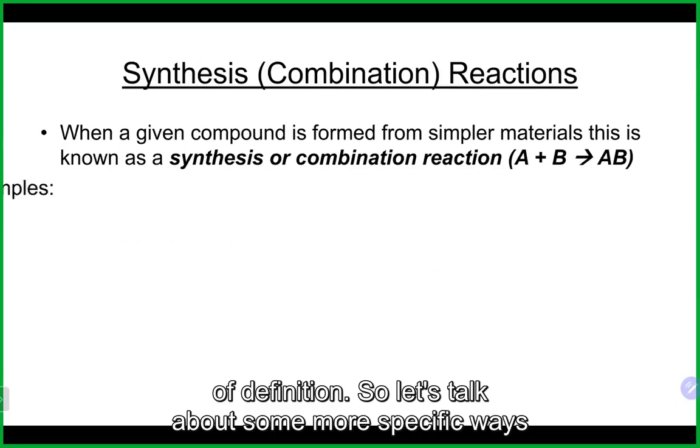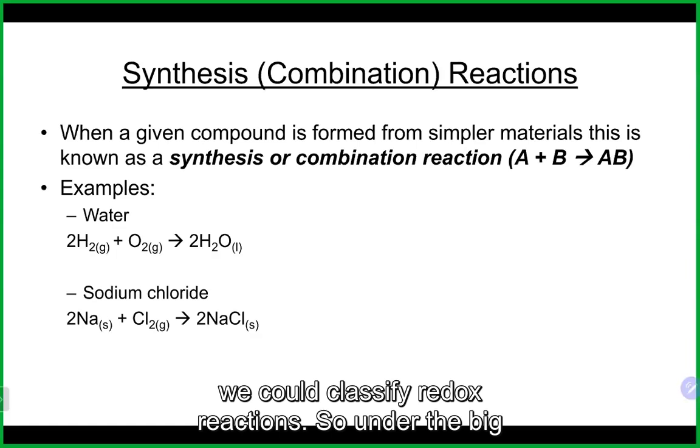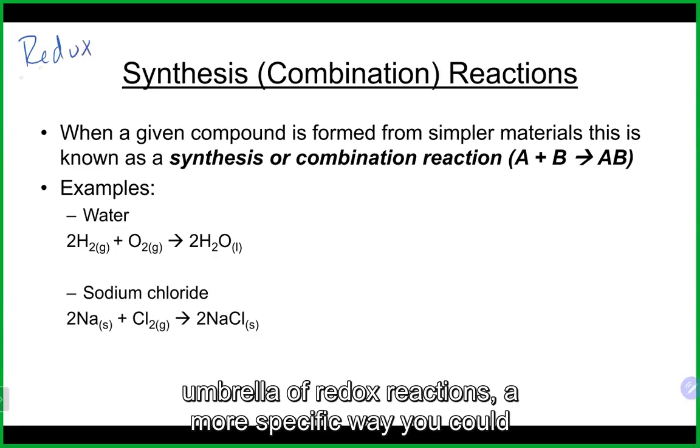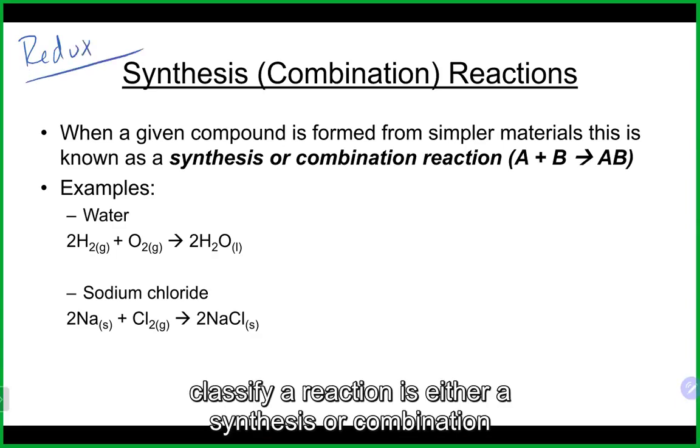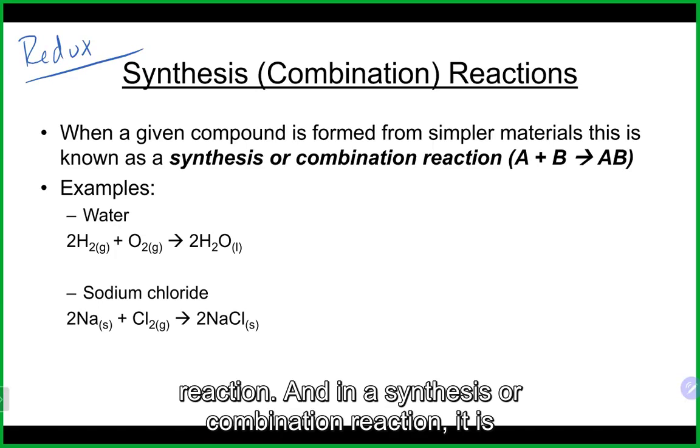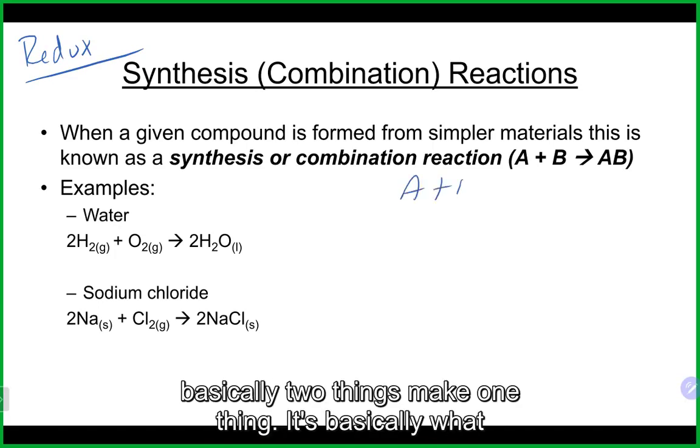So let's talk about some more specific ways we could classify redox reactions. Under the big umbrella of redox reactions, a more specific way you could classify a reaction is as a synthesis or combination reaction. In a synthesis or combination reaction, two things make one thing.